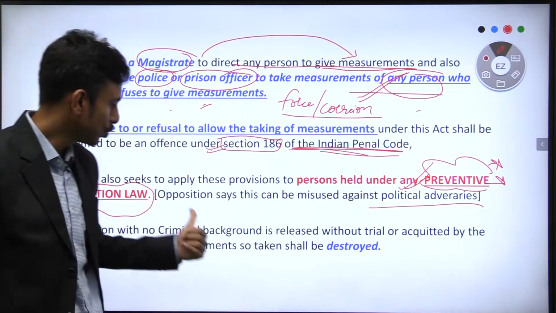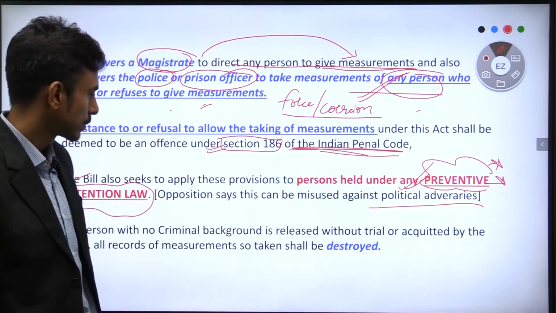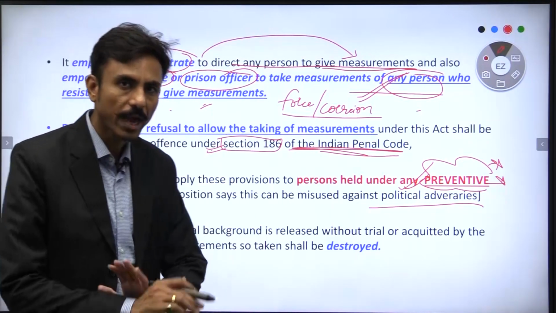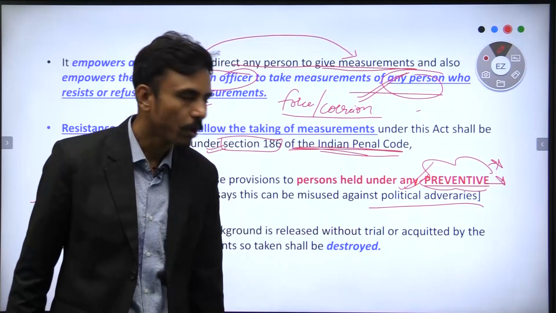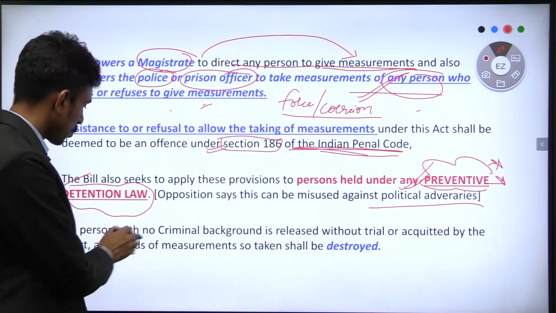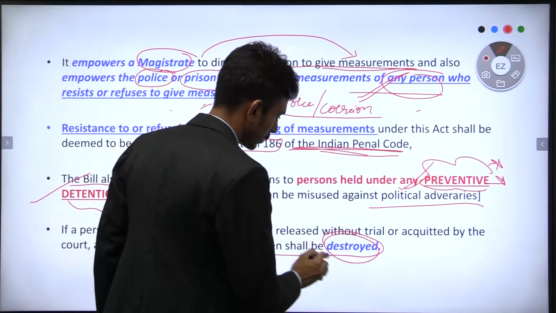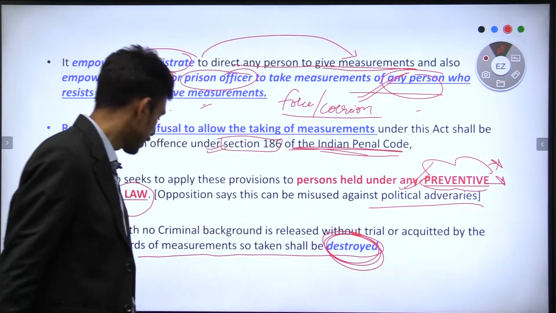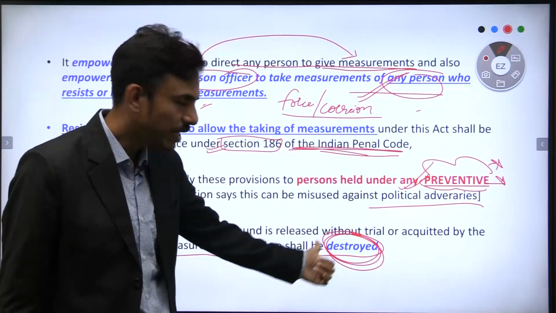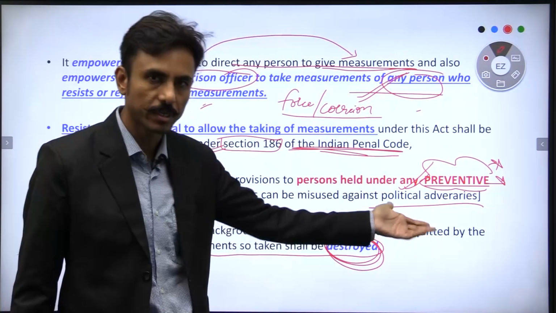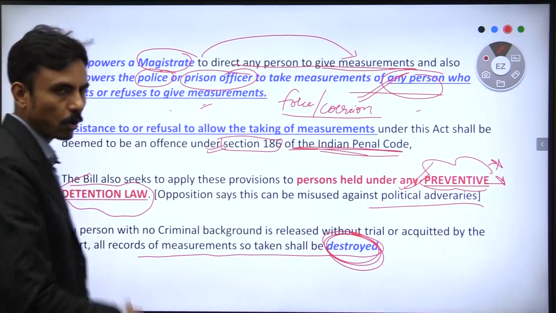If a person with no criminal background is released without trial or acquitted by the court, all records of measurements so taken shall be destroyed. That means if you don't have any criminal background, and you are released without trial or acquitted, meaning released by the court, then all the records of the measurements are destroyed.